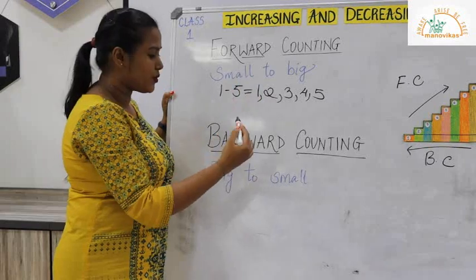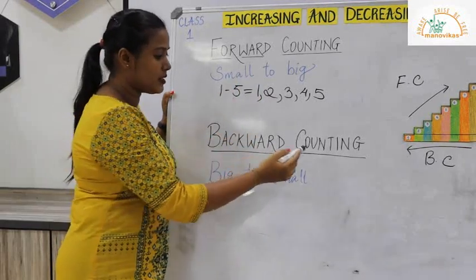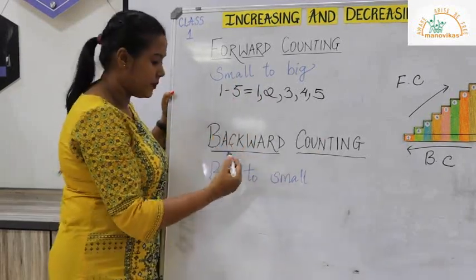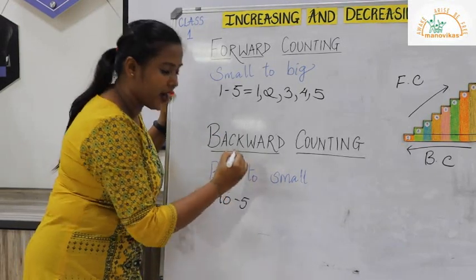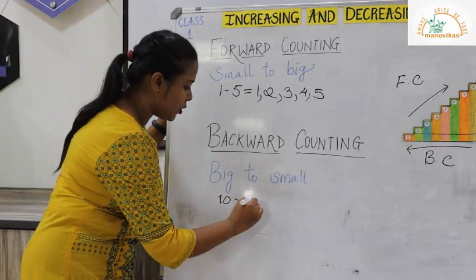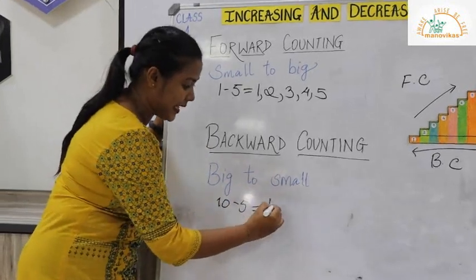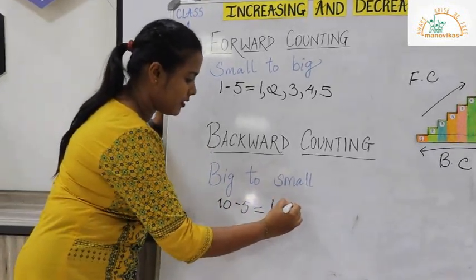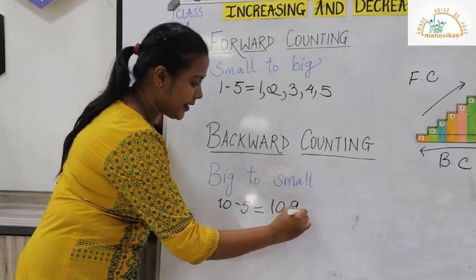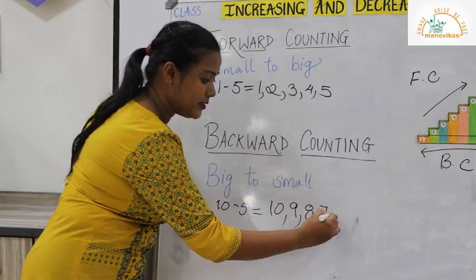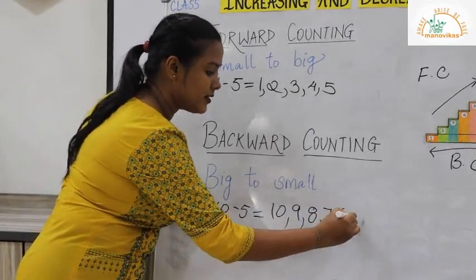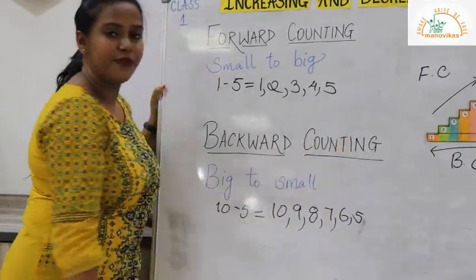Now when I ask you to count the numbers in the backward counting pattern from 10 to 5, how are you going to write it? You're going to write it as 10, 9, 8, 7, 6 and 5.